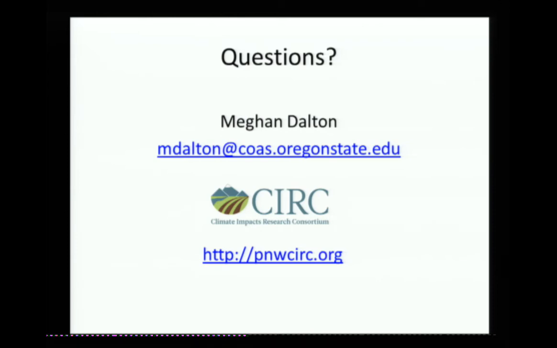I don't know exactly what the data available on the USGS site is, but the MACA data at the 6 kilometer gridded resolution is available online. Anyone can go and download it. For using that downscaled data in impact studies, I would say that we're learning that you do need to really test it and make sure that what you're getting makes sense.